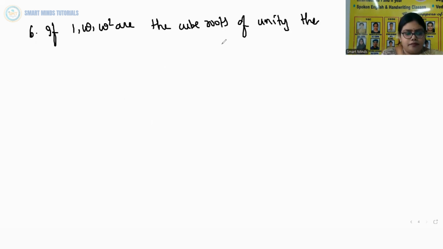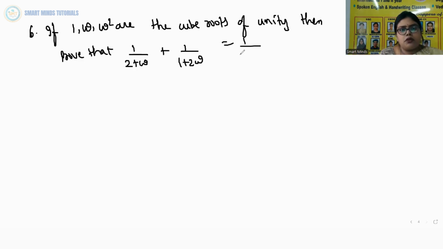So the question is, if 1, omega, omega square are the cube roots of unity, then prove that 1 by 2 plus omega plus 1 by 1 plus 2 omega is equal to 1 by 1 plus omega.